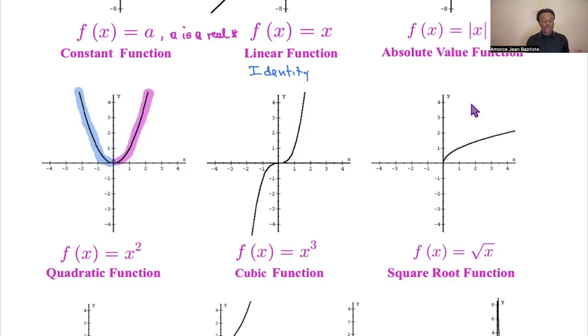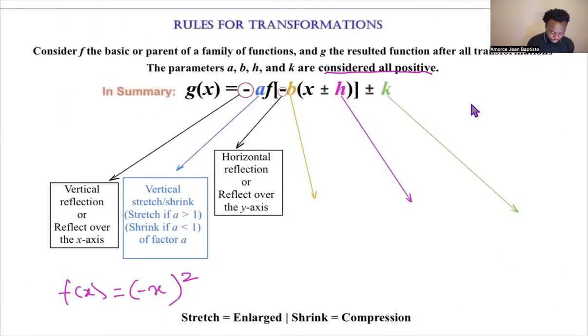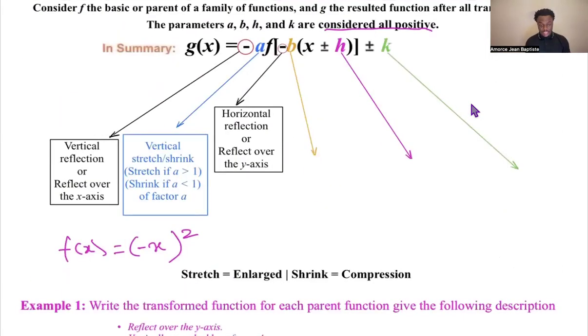The only way you can see it is in the equation if it's given to you. Just wanted to make this point here. So a horizontal reflection is when you have a negative sign on the inside, also called a reflection over the y-axis.